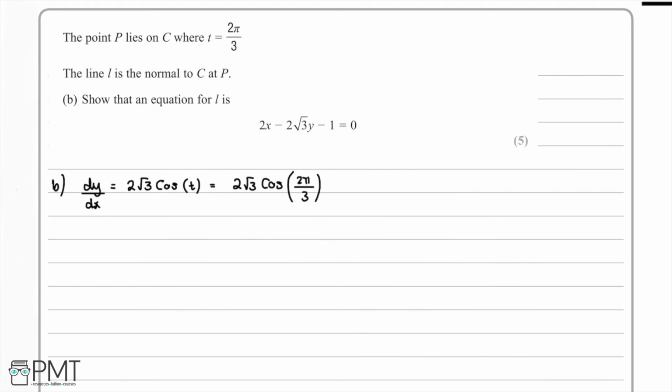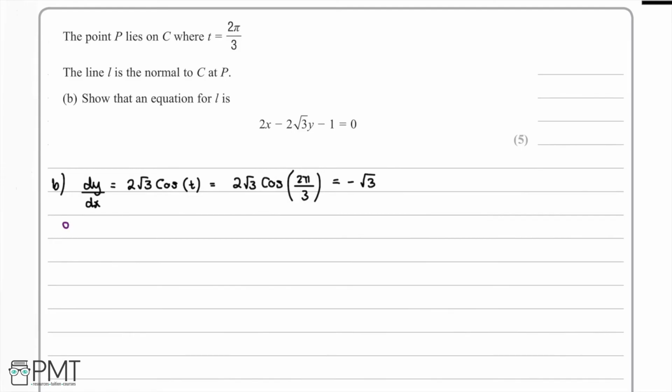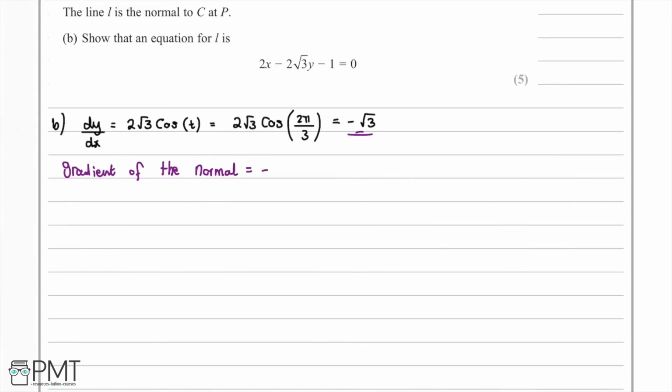Putting this into our calculator, we get that this is negative root 3. Now the gradient of the normal is going to be equal to negative 1 divided by negative root 3, which is equal to 1 over root 3. So the gradient of the normal will be 1 over root 3. Let's denote this by m, as this is normally used for gradient.